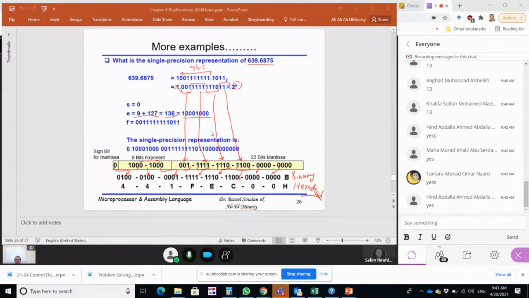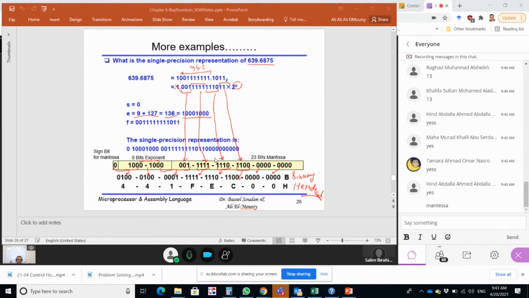Exponent. By the way, what about the sign bit? The sign bit belongs to the mantissa, although it is placed in the floating point IEEE standard as the most significant bit of the number. The fractional mantissa comes with the low 23 bits, and then followed by 8 bits of the exponent and the 1 bit for the sign of the mantissa. يبقى المانتيسا total 24 bits: 23 bits for the fractional mantissa and 1 bit for the sign.